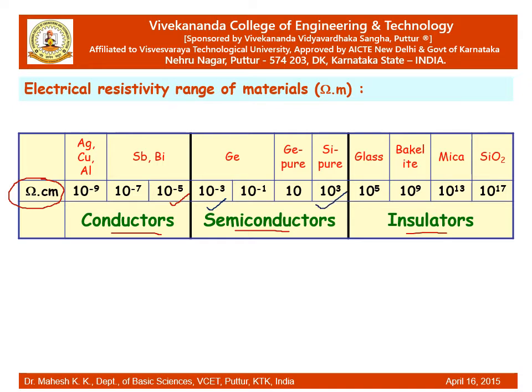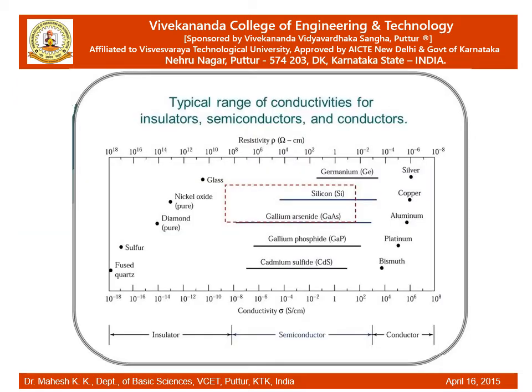And if the value is 10 to the power plus 5 to plus 17 or higher, then it is said to be insulators. So the value of resistivity helps us to a greater extent to classify the materials based on their electrical properties as insulators, semiconductors, and conductors. There are a few examples also given in the table.